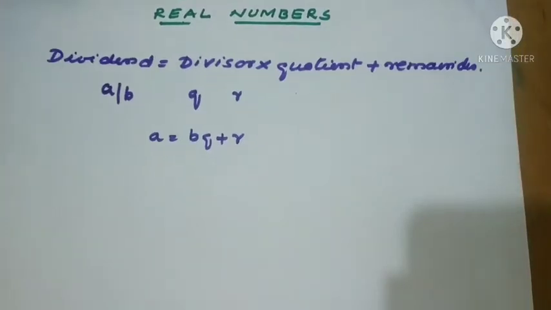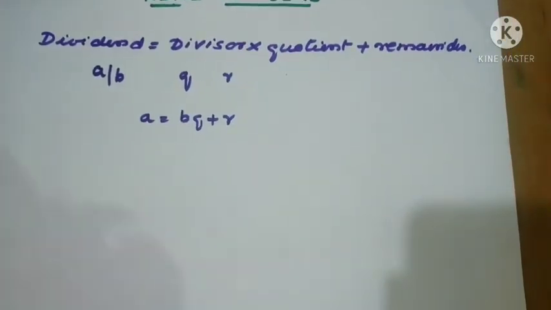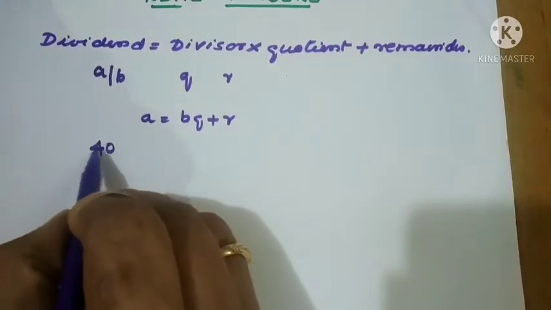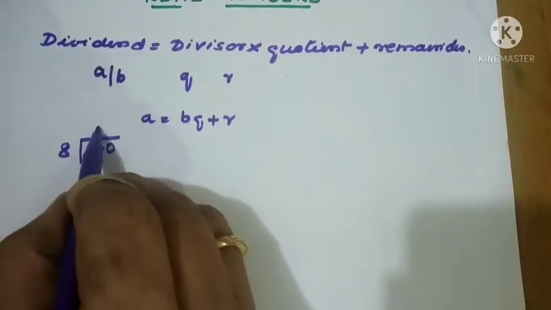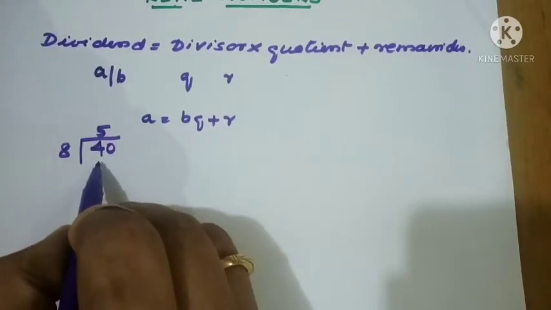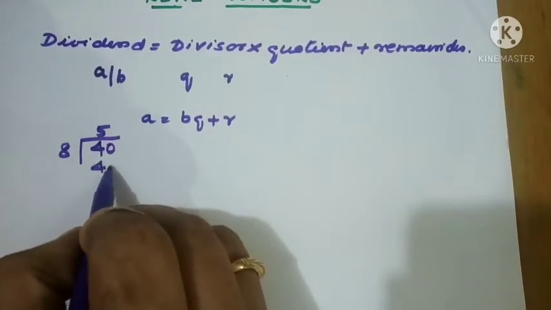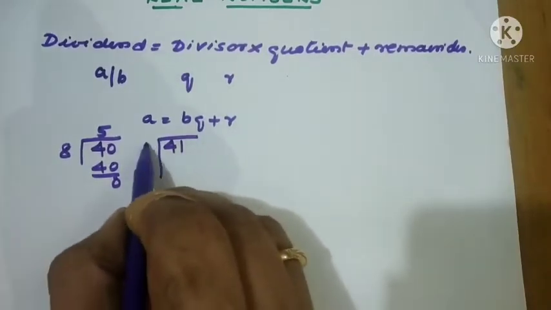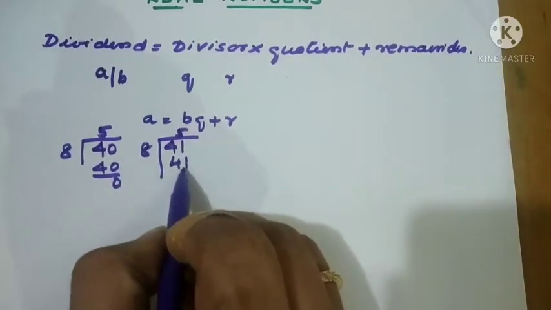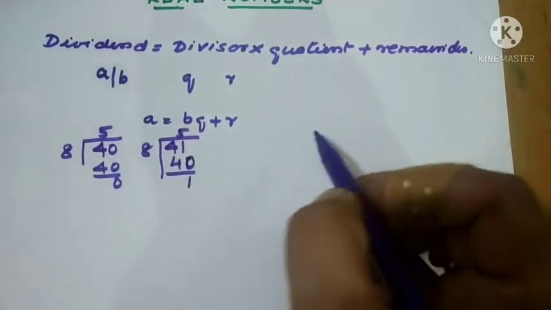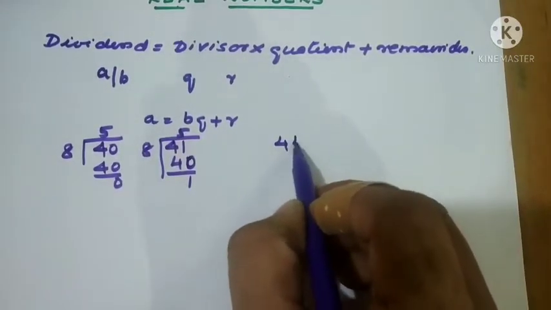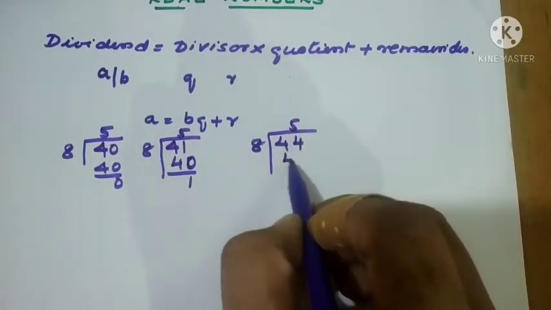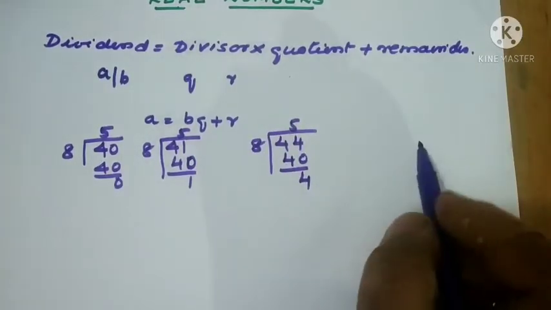Now, we already explained this point many times in the lower classes, still we are going to explain it again. When we divide 40 by 8, the quotient is 5 and the remainder is 0. If we increase by one, it is 8 and 5 only, but the remainder happens to be 1 here. Now I'll go for 44. How many times? 40, and 4 is the remainder.